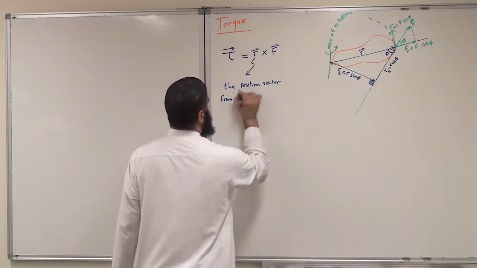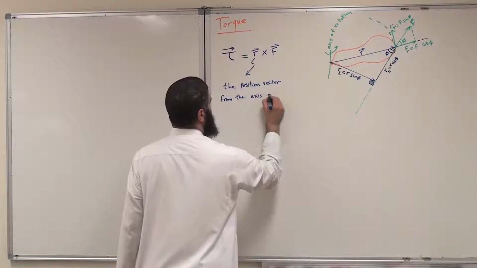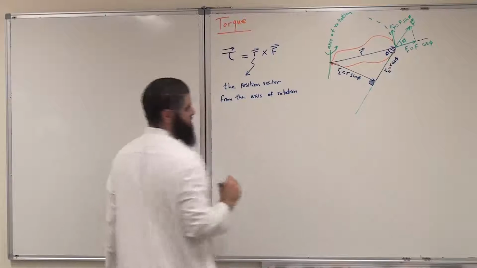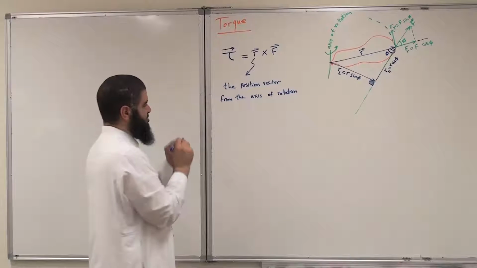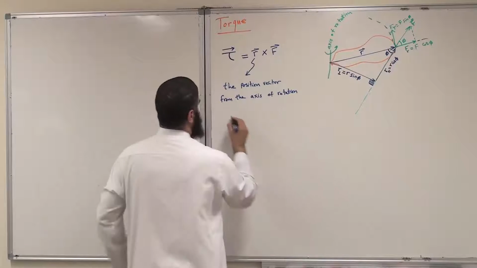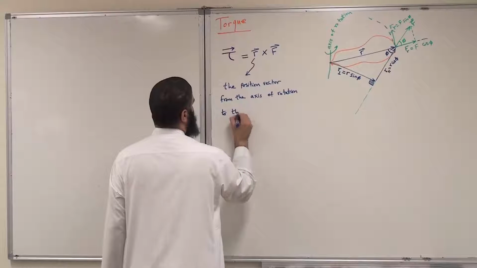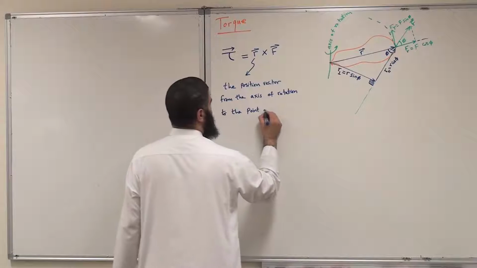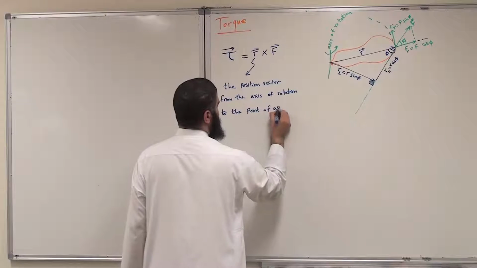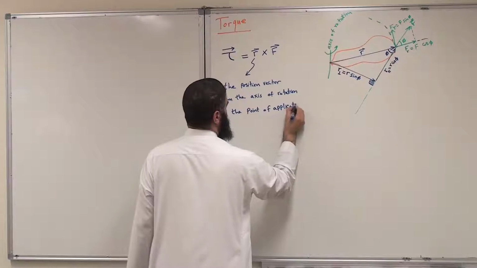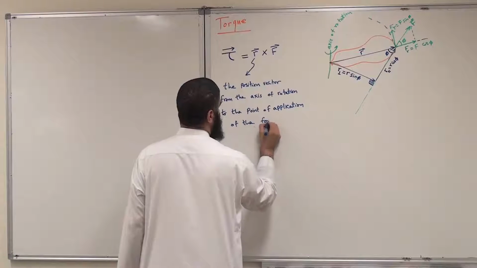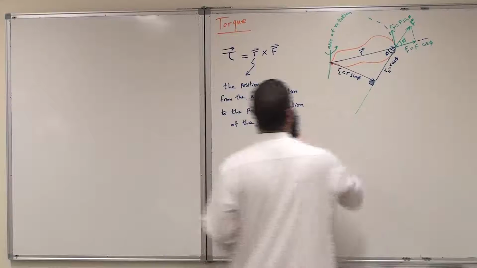So we start our position vector from the axis of rotation. And what is the end of it? We draw it from the axis of rotation to the point of application of the force, the point where we apply the force. Let me show it in this diagram.